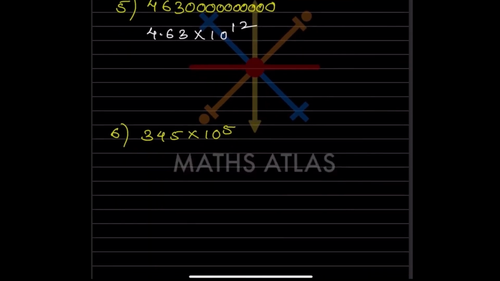Now here, this is a bit different. You can see the decimal should be here. This is 345 into 10 raised to 5, so we write the next step.